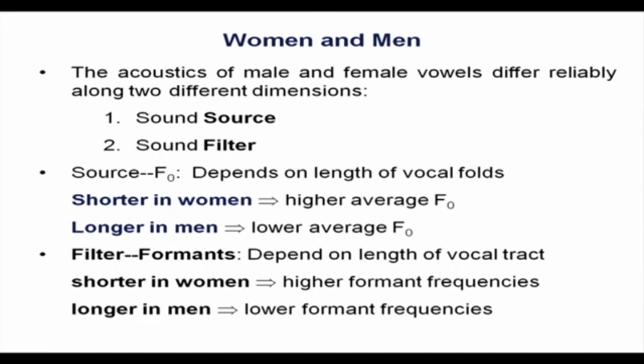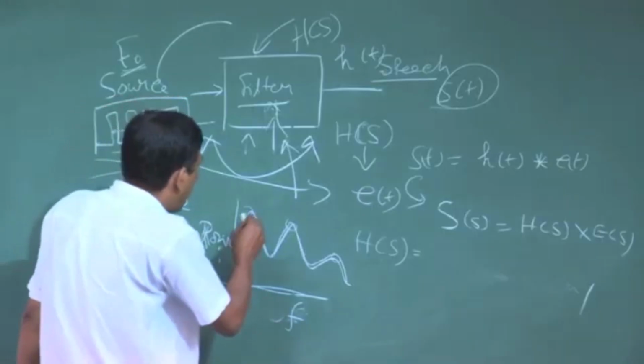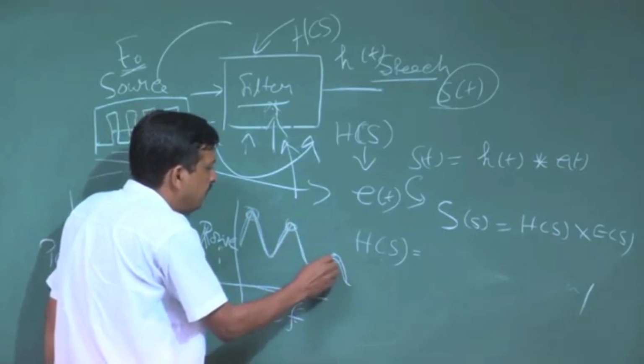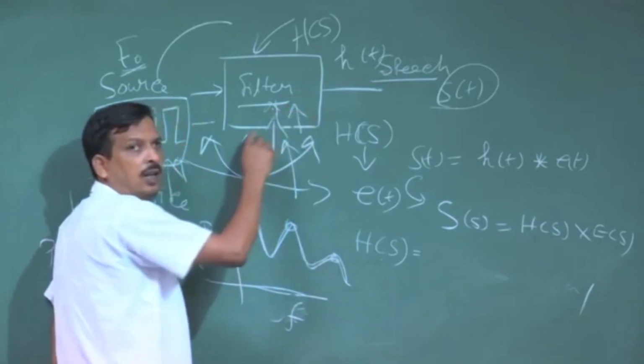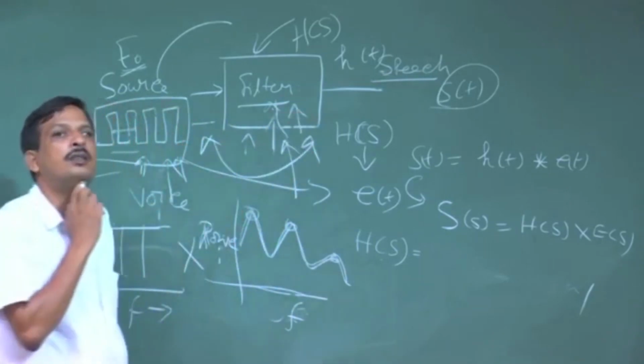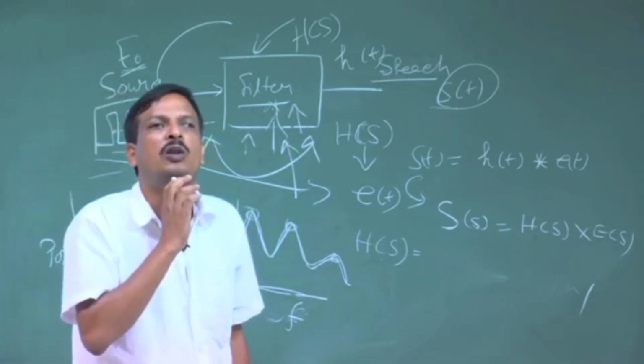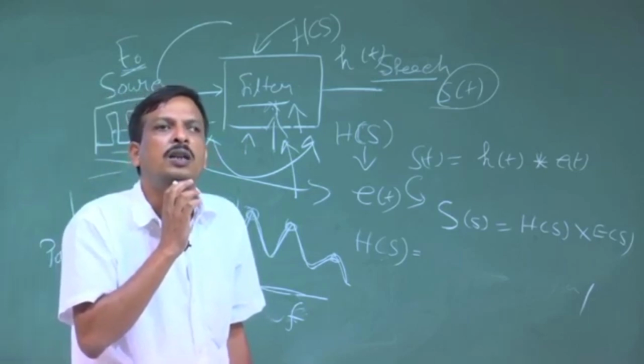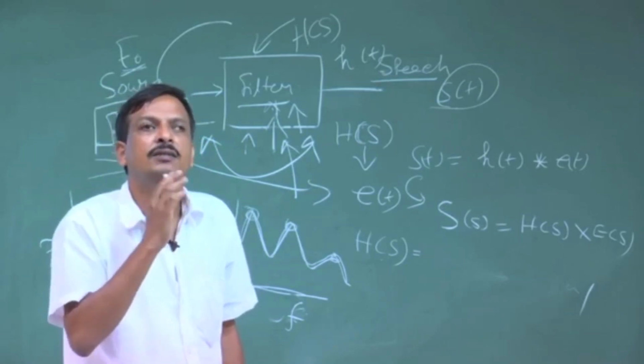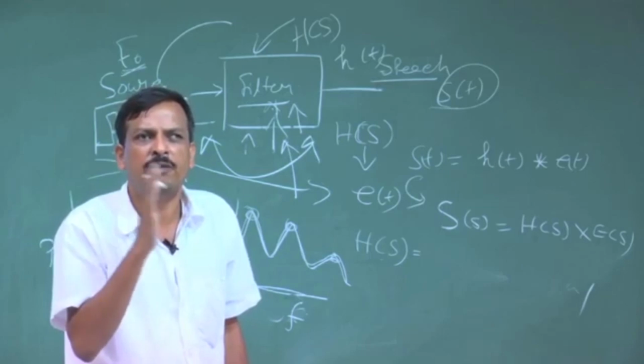If it is a child, the fundamental frequency is much higher, because the vocal cord is much shorter, and the formant frequency will be higher because the vocal tract length is shorter. So, I can say that formant frequency depends on the length of the vocal tract, and also some other properties we will discuss later when we model the vocal tract. If the length increases, the formant frequency will be different.